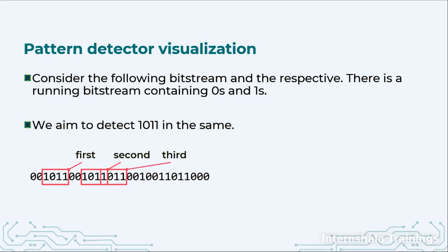Then an overlapping pattern is found. So here we got our third detection. We move ahead and we find one more. So there are 4 places at which we are able to detect the pattern 1011. So the output is going to have value 1 at these 4 places at the end of the pattern. Whenever we detect at the end of the pattern, the output will be 1, otherwise the output will remain 0.